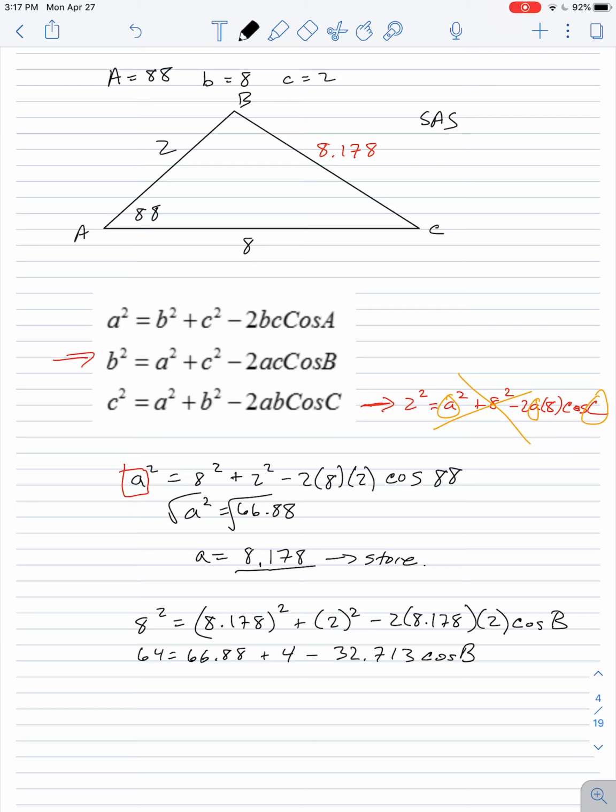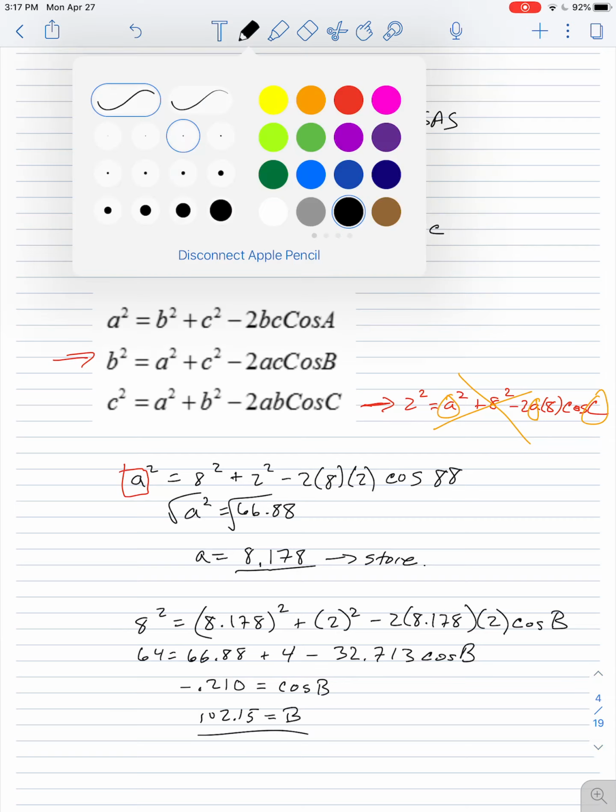Okay, subtract your things over, so 64 minus 4 and so on, and I get cosine of b equals negative 0.210. I do inverse cosine of both sides, and I get 102.15. That's going to be my angle B.